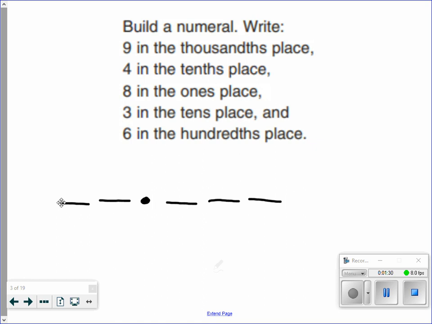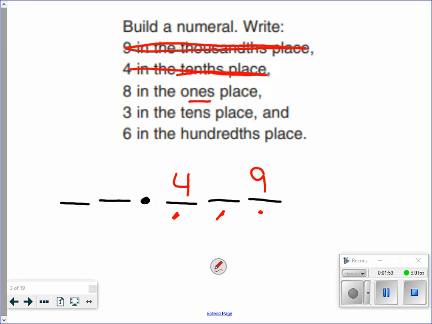The first one is 9 in the thousandths place. This is the tenths, hundredths, thousandths place. I'm putting a 9 there. I'm going to cross this off just because I know it's done, make myself feel better. A 4 in the tenths place. Tenths, hundredths, so my 4 goes in the tenths place. An 8 in the ones place.